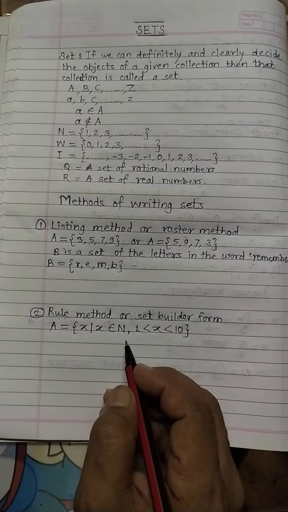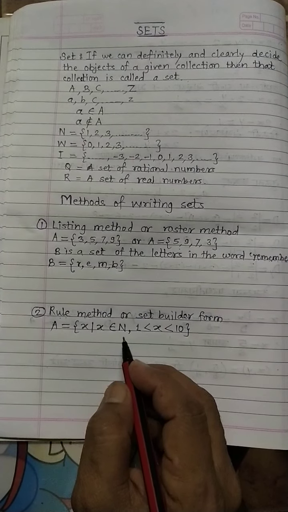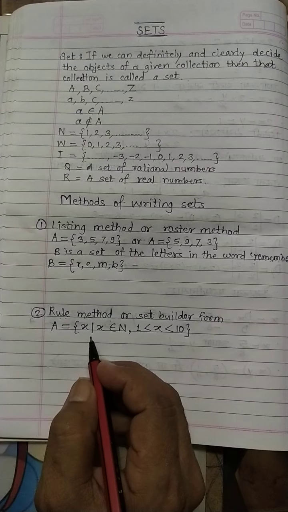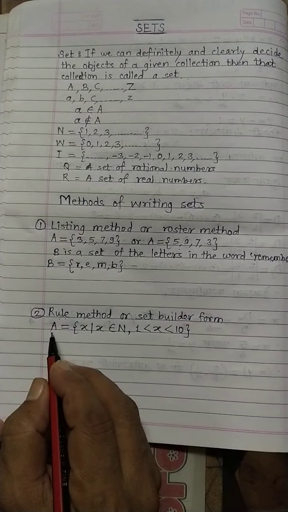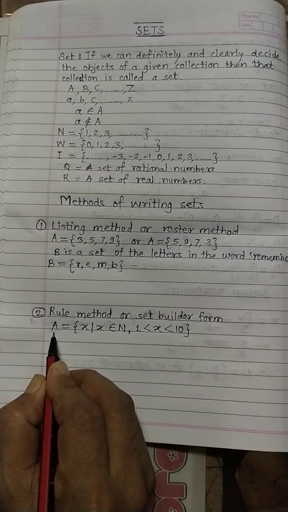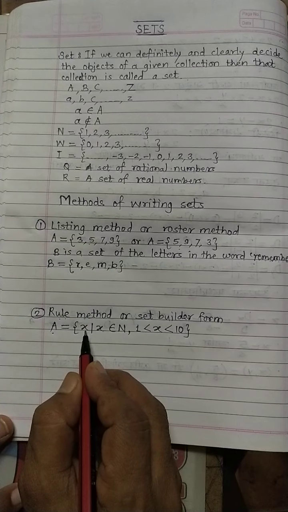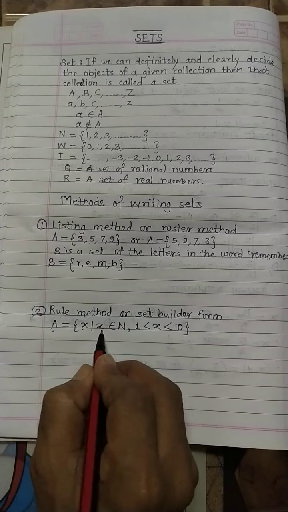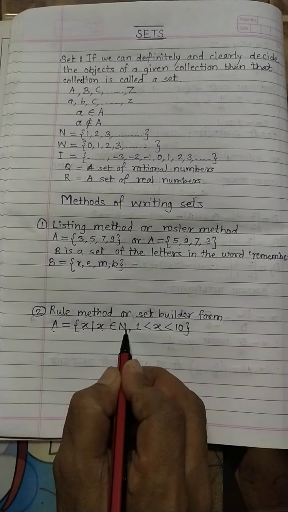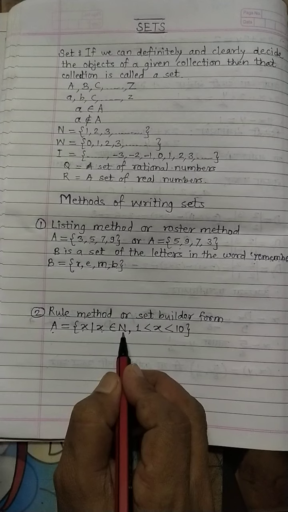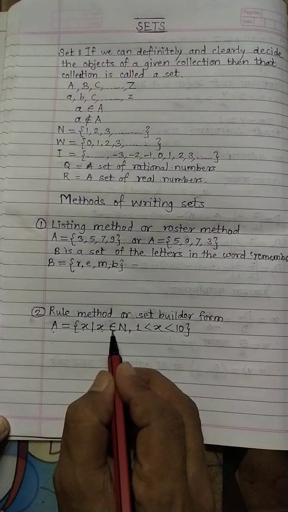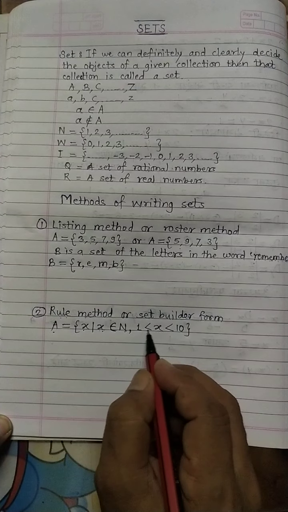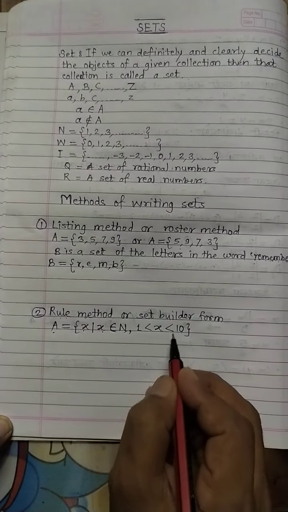But how can we read this? We can read this as set A is the set of all x such that x is a natural number, means x belongs to N, and it is greater than 1 and less than 10.